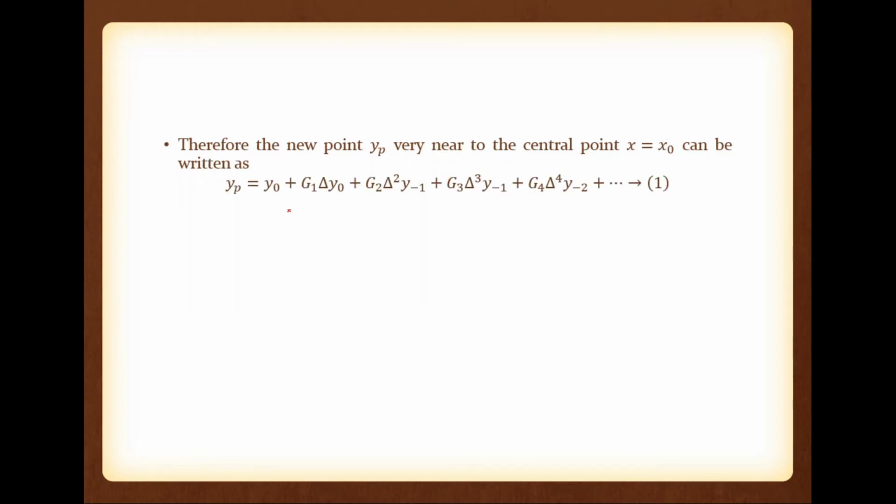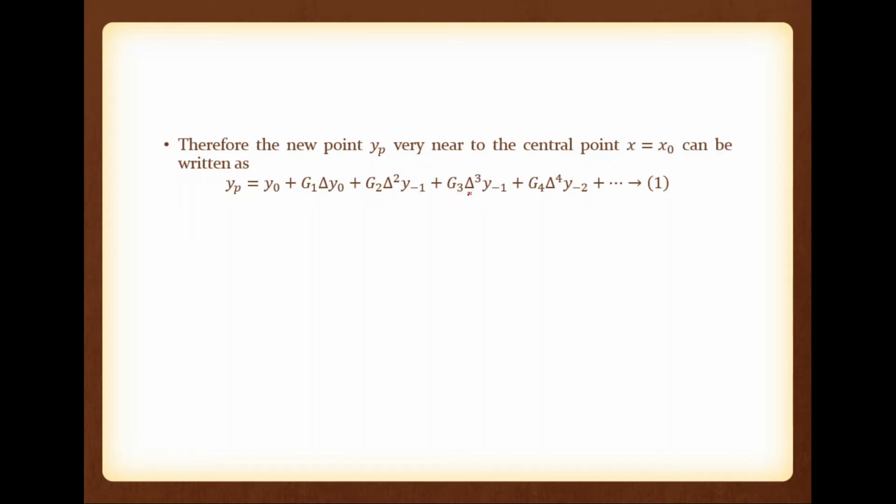Okay, so yp is equal to, this is extrapolation formula, yp is equal to y0 plus, please note, by using that central difference term, and that one is replaced with forward difference term. So by using the central term, or the terms lying on that central line, and if it is missing, the next data. So by using this data, we are going to interpolate. So that interpolation formula, or extrapolation formula, is yp is equal to y0 plus, the central data is missing, so the next data is g1 delta y0 plus g2 delta square y minus 1.